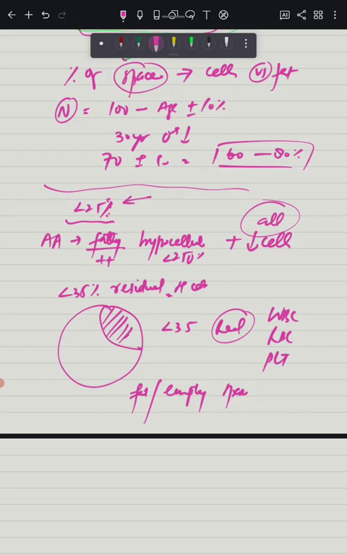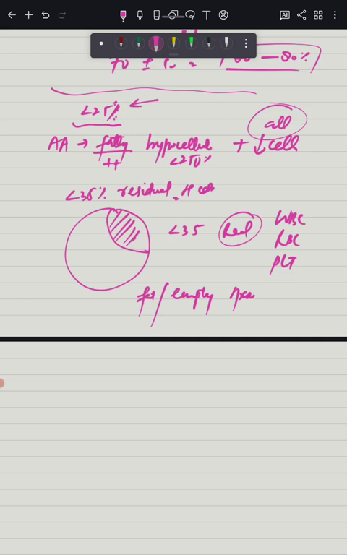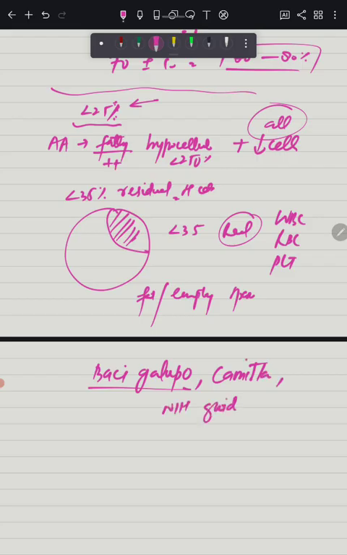So this is the diagnosis of aplastic anemia. Why is this important? As per major criteria, for example Camitta or NIH guidelines, there are different names of these criteria.